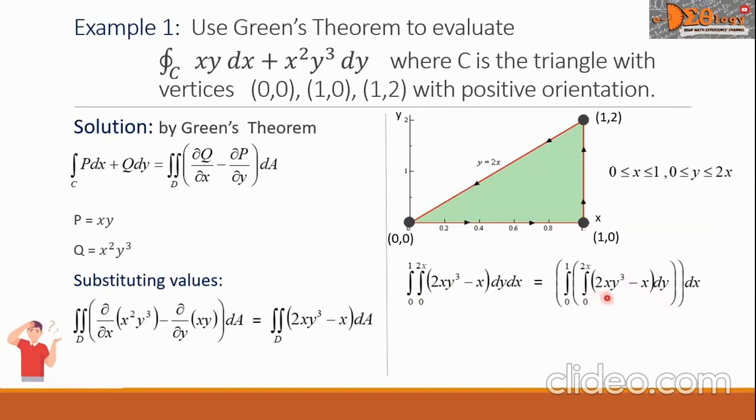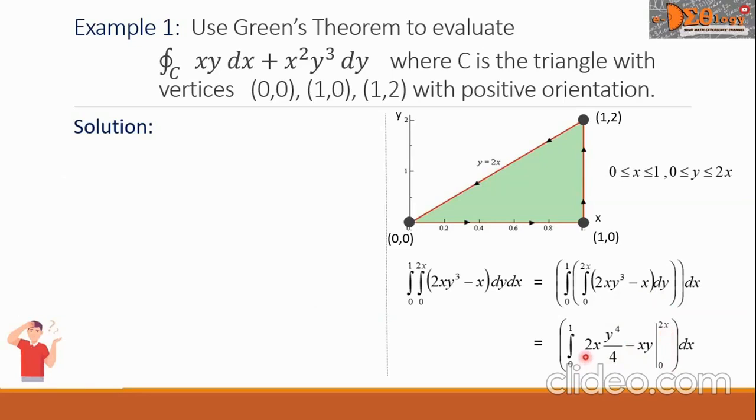The integral of 2x y cubed dy is 2x times y raised to 4 all over 4, minus the integral of x with respect to y, which is xy. We will evaluate this from 0 to 2x. So this 2 and the 4 can be simplified into 1/2.